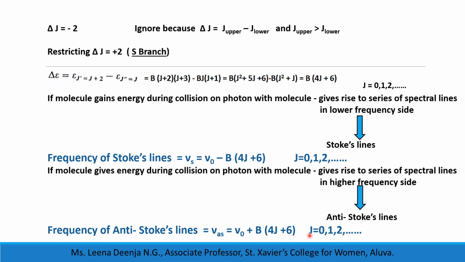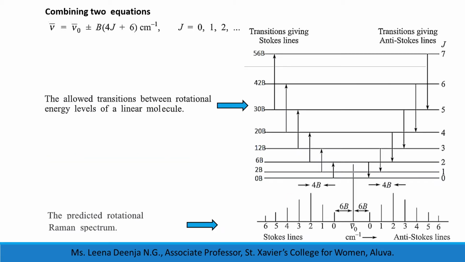And here also J equal to 0, 1, 2, 3, etc. Combining the equations for Stokes and anti-Stokes lines, the frequency of the scattered photon is nu bar equal to nu 0 bar plus or minus B into (4J plus 6) centimeter raised to minus 1. Here nu 0 bar is the frequency of the incident photon. Here J is 0, 1, 2, 3, etc.